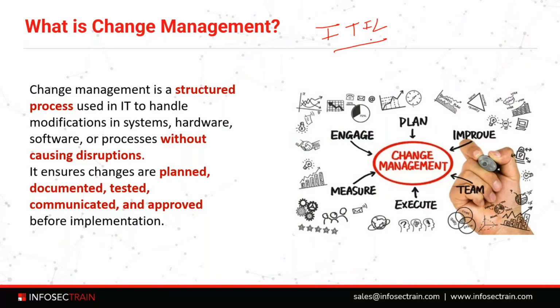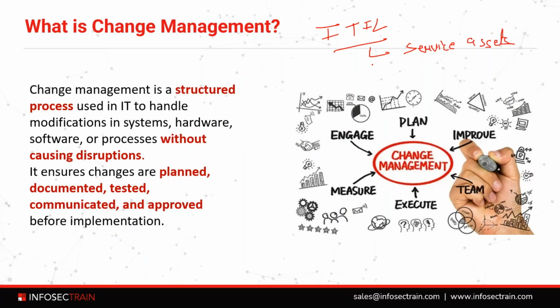IT infrastructure library. So it is a popular documentation of good and best practice activities and processes for delivering IT services. Under ITIL, configuration management is implemented using different elements like service assets. What are service assets?